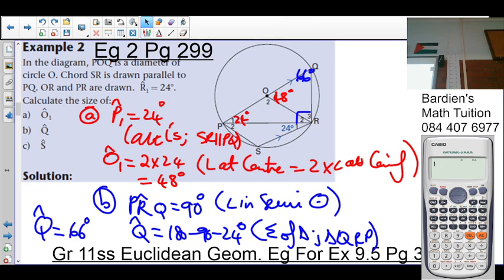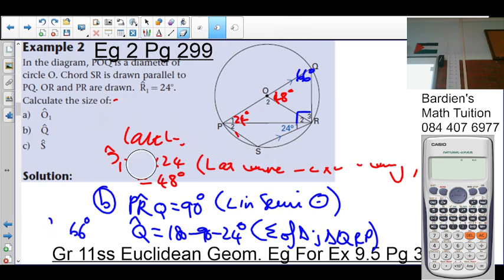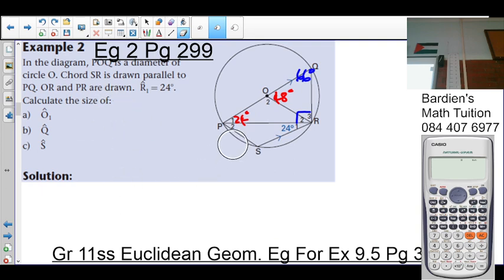What I'm going to do is take this off here, as I need to keep the diagram in focus. And also, as you can see, you guys must do the same. You fill in on the diagram. You start populating your answers on the diagram. People can see, they ask you to calculate angle S. Angle S, which is this angle here. So what do we notice about P, Q, R, S?